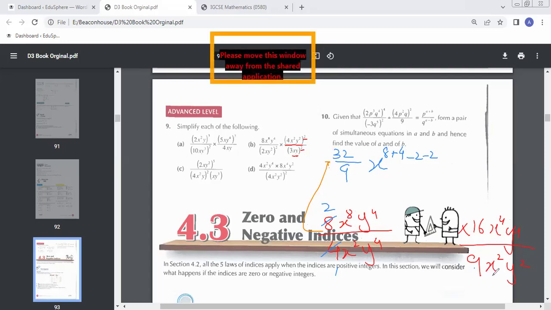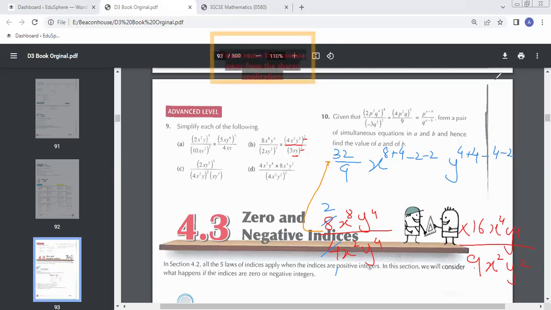Because they were divided from these two x's, and these two were multiplied. Similarly, these y^4 and y^4 are multiplied, so we will add the powers, but this y^4 and this y squared are divided, so the powers will be subtracted. So we will write y^(4 plus 4 minus 4 minus 2).